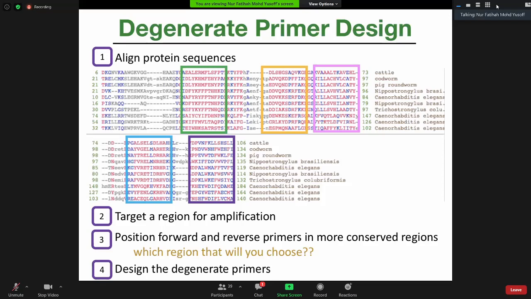But I'm not saying that you cannot design the primer from end to end. You can do so, but make sure that it is possible and using a suitable polymerase. All right, very good.